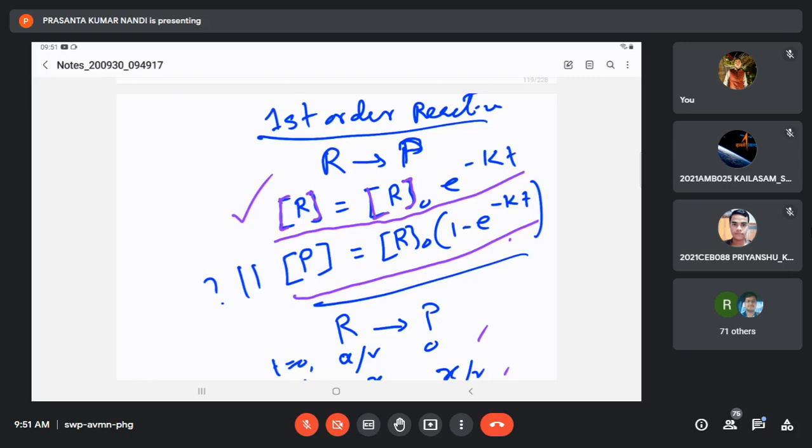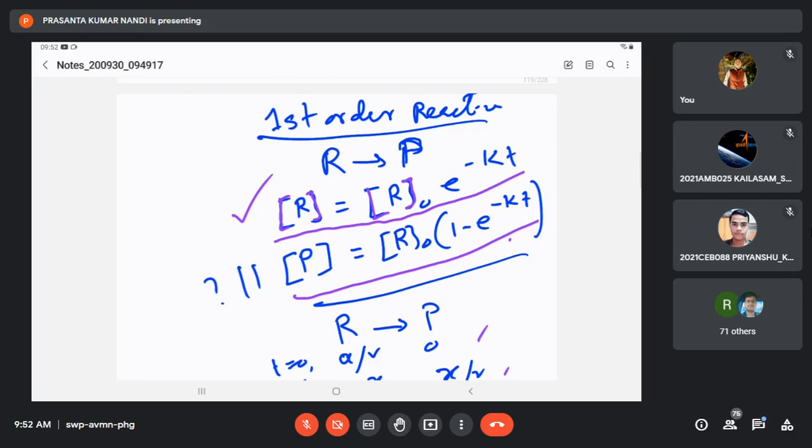That you have to verify. From the typical plot, as you have noted in the first order reaction, reactant concentration decreases exponentially. So at time t equal to infinity, asymptotically, the reactant concentration tends to 0. This is asymptotic behavior. Now how can we write the product concentration?